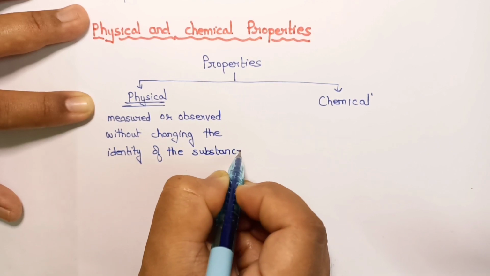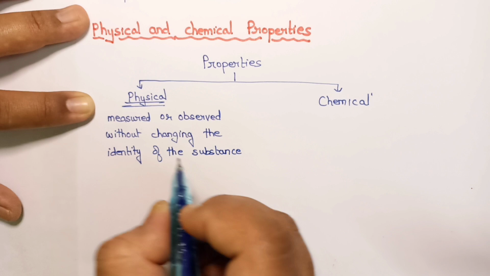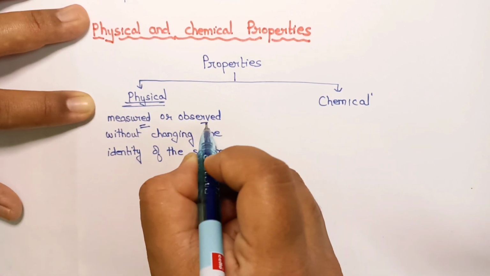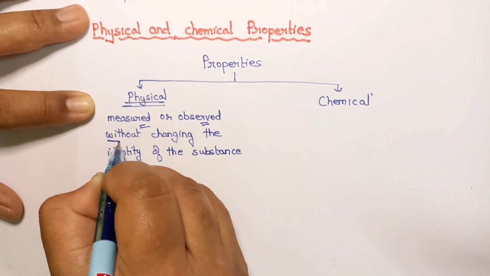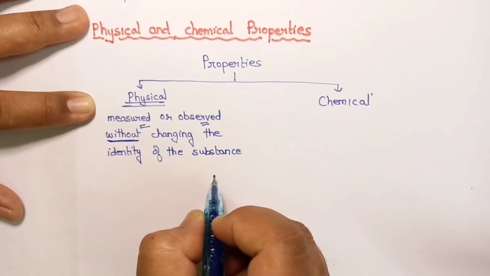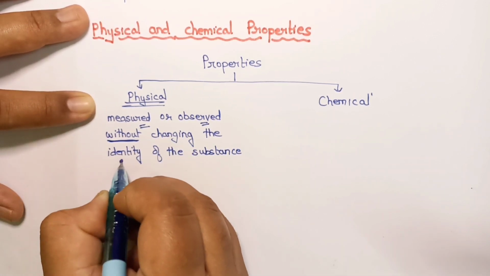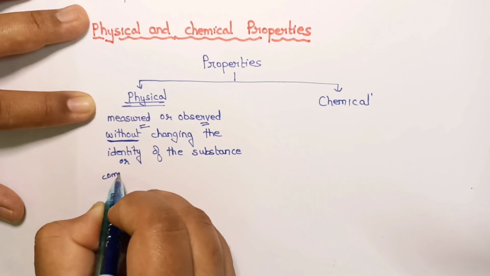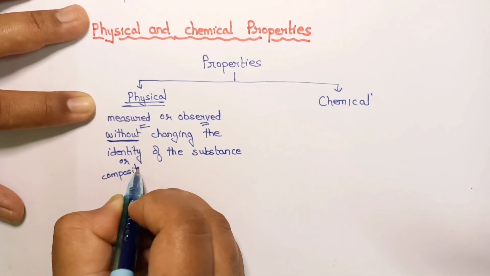Okay, what is meant by physical property? The properties which can be measured or observed without changing the identity of the substance. Identity or composition of the substance is also not changed here.